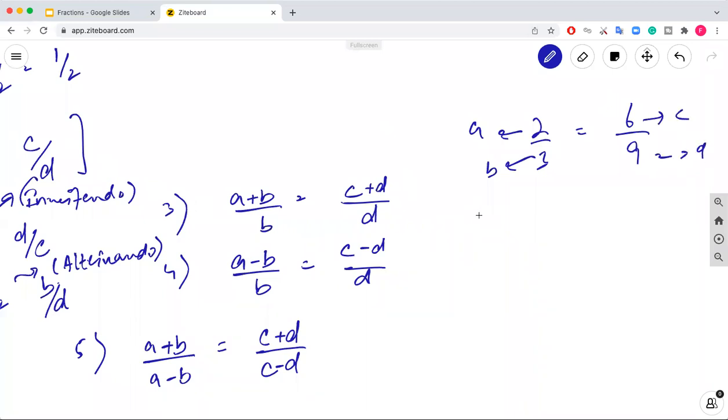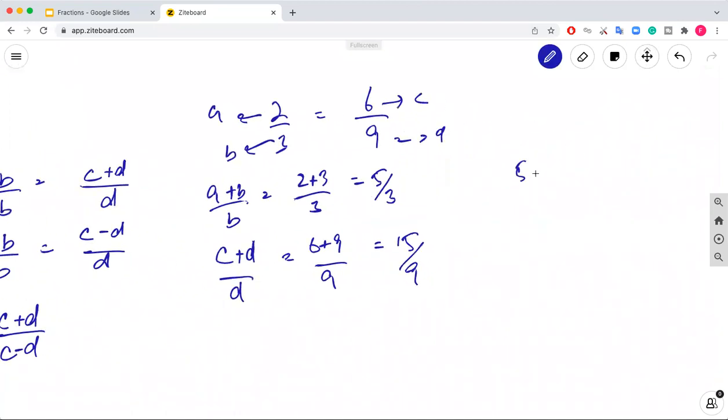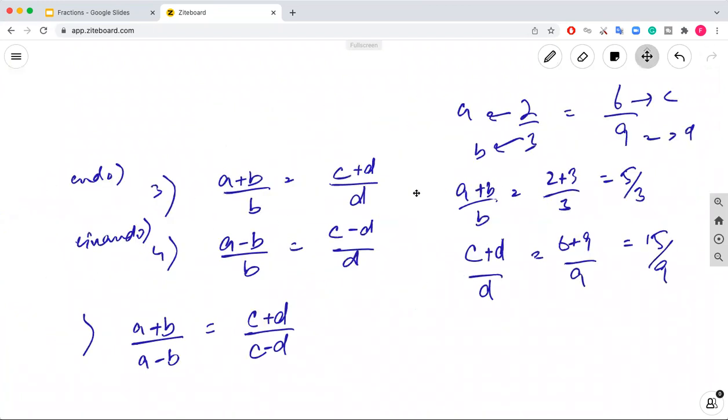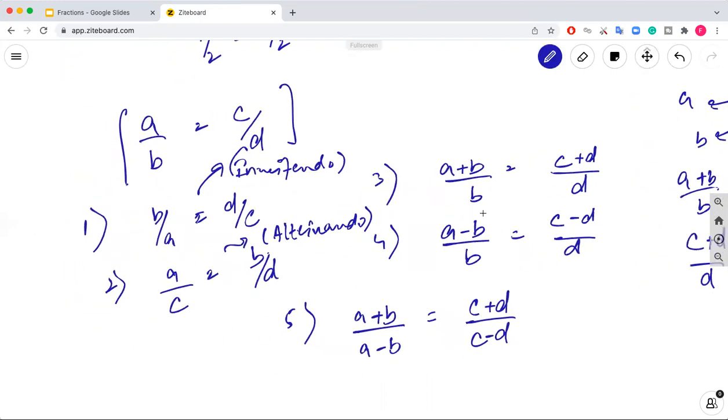So what is A plus B over B? This will be 2 plus 3 over 3, which is 5 by 3. And C plus D over D will be 6 plus 9 over 9, which is 15 by 9. Now, 5 by 3 is equal to 15 by 9, with K equal to 3 here, right? So this is just a form, because in some scenarios you can get help from this form. I'm just showing you the way.